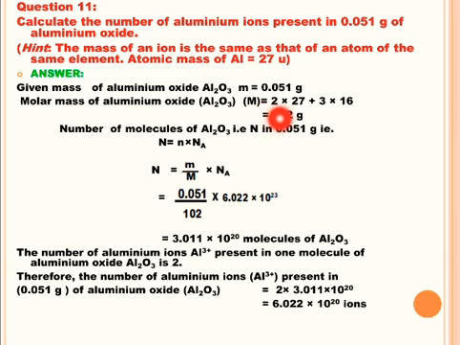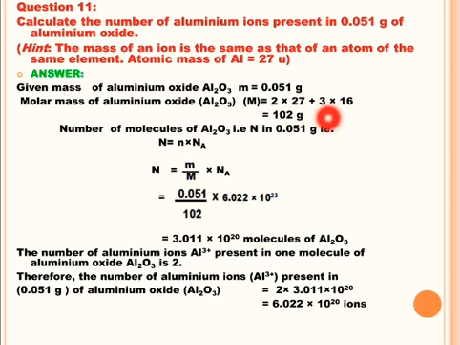So its molar mass is calculated by calculating the molecular mass. And you know how to calculate the molecular mass of this compound? Yes. See, in this compound Al2O3, there are 2 atoms of aluminium and 3 atoms of oxygen. So multiply 2 atoms of aluminium with its atomic mass 27. So what is atomic mass of aluminium? That is 27.